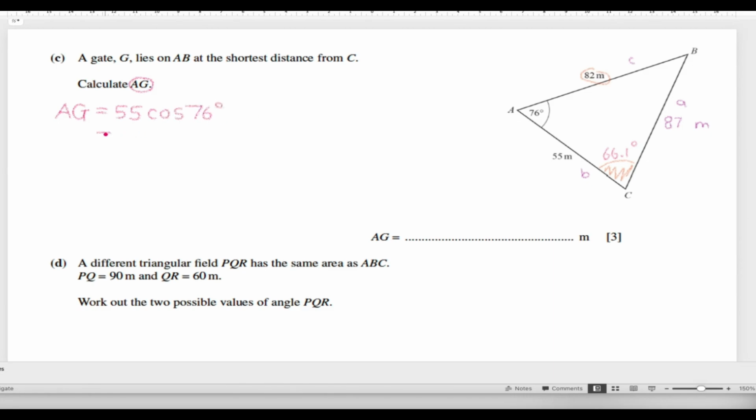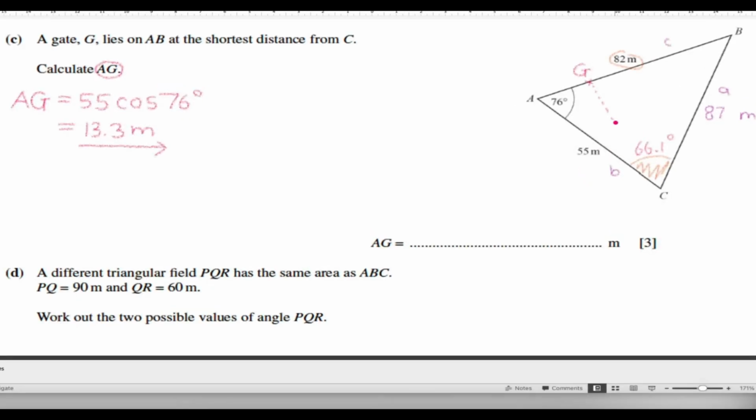And if you punch this into your calculator, you will get a value of 13.3 meters. So that is the shortest distance to C, and we are going to assume that we have a right angle here. Okay, and what we had to work out is the distance between A and G, the length of the side A and G.